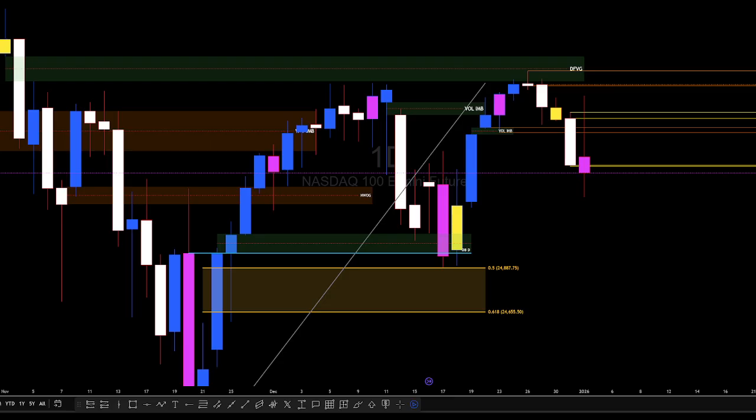Friday, we see that NQ took liquidity, the liquidity points from 2 days prior. In the morning, it went up and then it reversed.